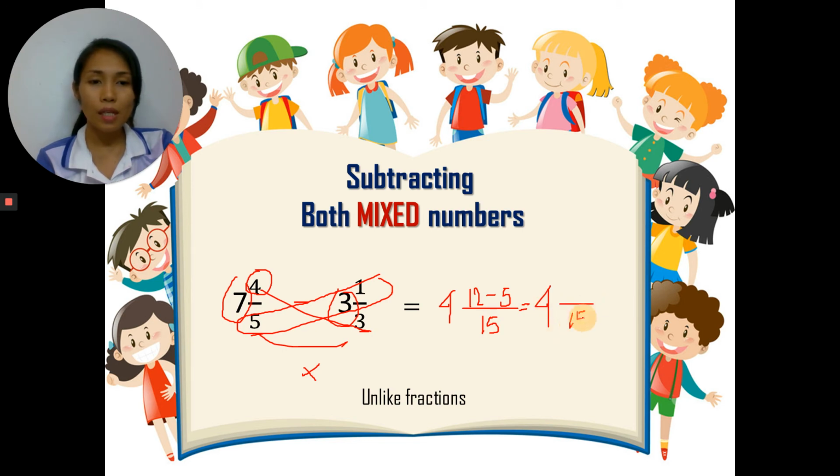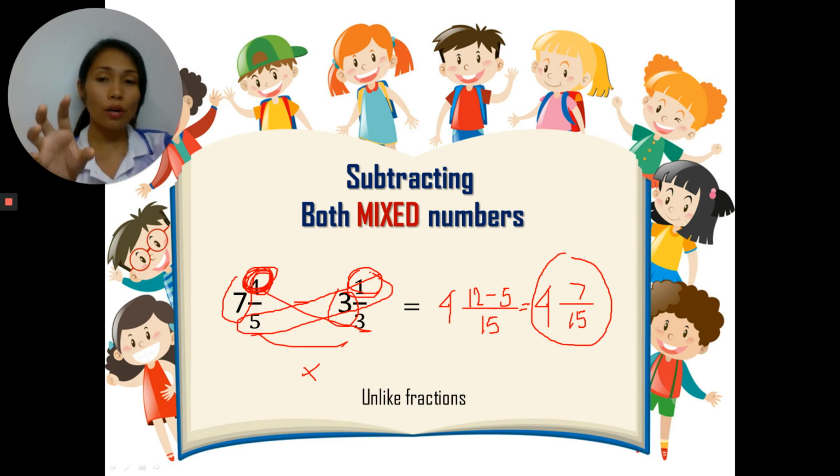Denominator is 15. Now 12 minus 5 is 7. So that's it. Our answer is 4 and 7/15.